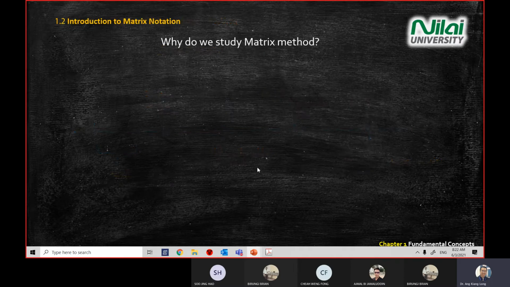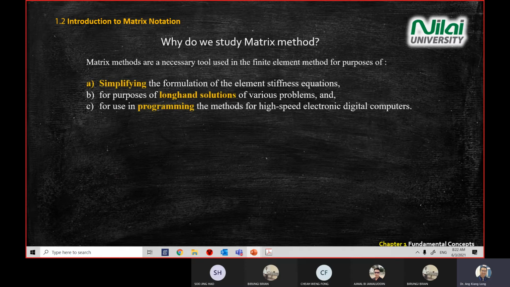And then you should understand why we always use matrices when it comes to the finite element method or finite element analysis. There are a few reasons. All right, so there are three reasons I lay out on the screen here. The first one is that matrices are very useful when you have a lot of equations.